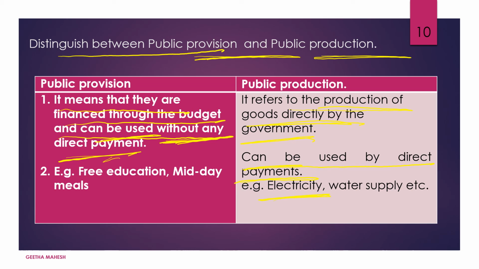We are using electricity and it is supplied by the electricity board, which is under the control of the government. But while you are using electricity, you will make a payment. It is not financed through the budget. Good examples for public provision: free education, midday meals, etc. Public production: electricity, water supply, etc.